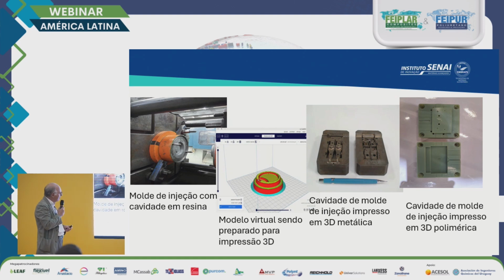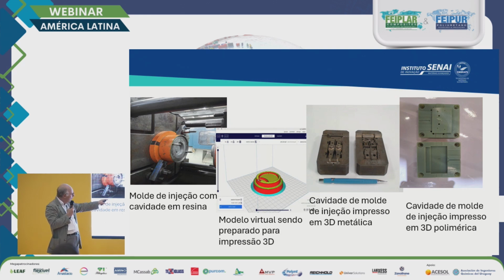And then the second slide that you see here, it's a virtual model being prepared by 3D printing. In order to get this first cavity, we need a model, right? Or if I take steel and you mill a cavity, when you work with the epoxy resin, we have the need of having this physical model and apply the resin on this physical model.